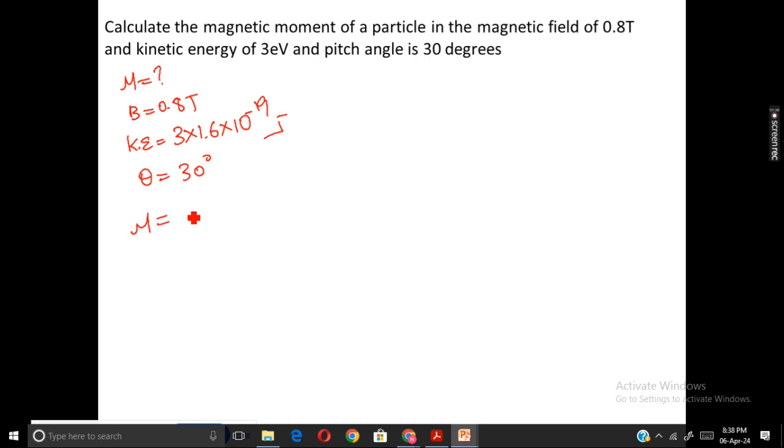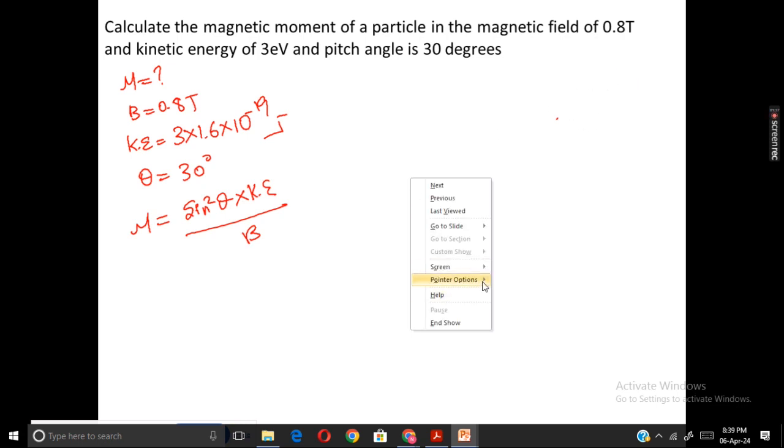So mu is basically sine square theta into kinetic energy by B. This is the equation: mu is equal to sine square theta into kinetic energy by B. Here everything is given.